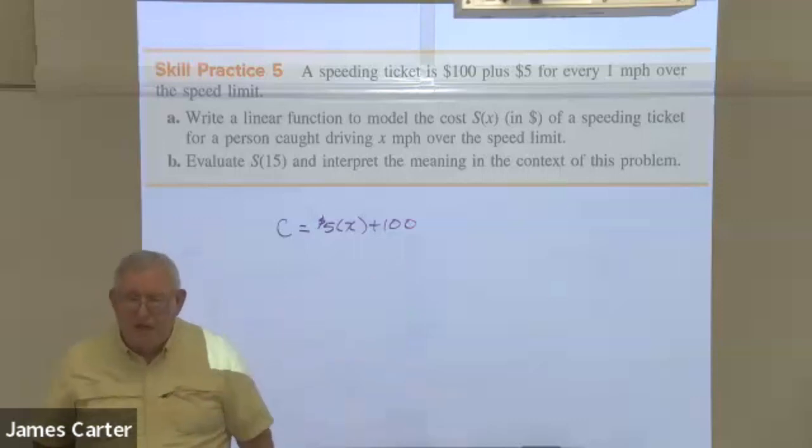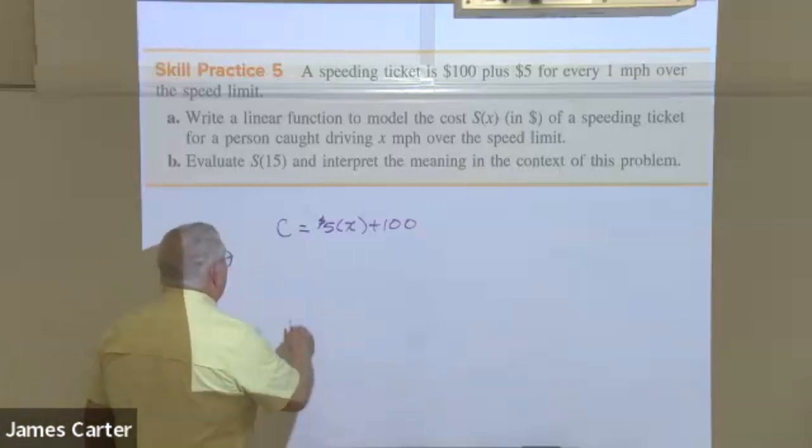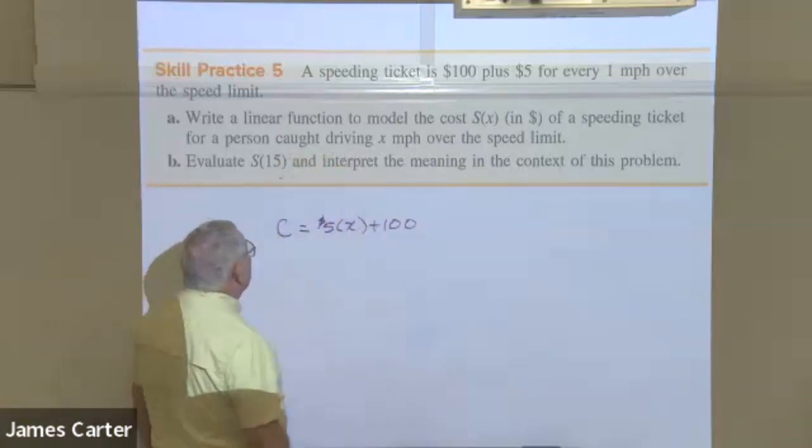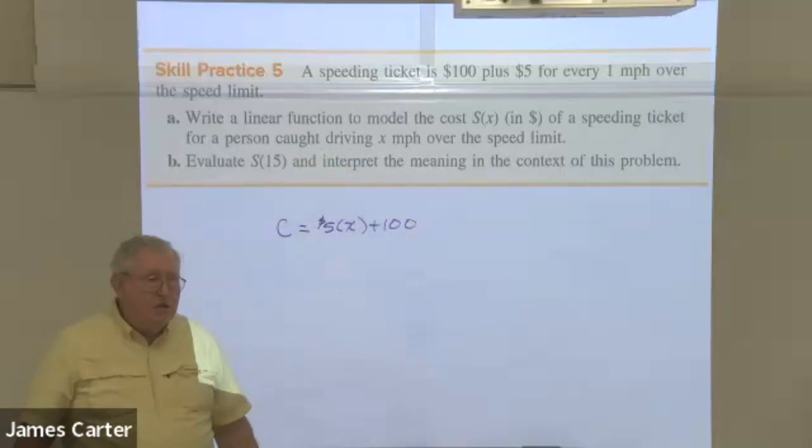That 100 up front is kind of like you call the plumber and he gives you a $75 trip charge before he even starts. It's kind of the same thing. Now, this is a model, or a linear function to model. It's just how you do it.